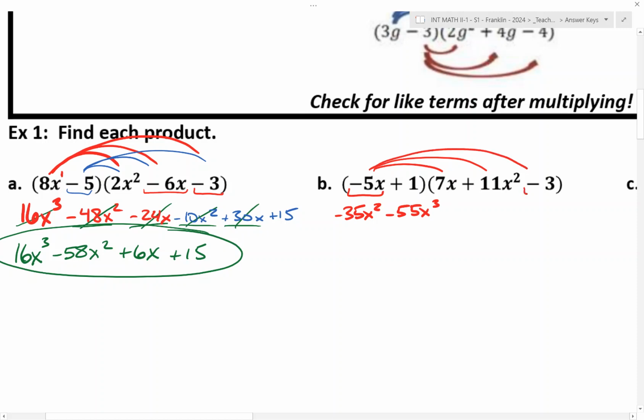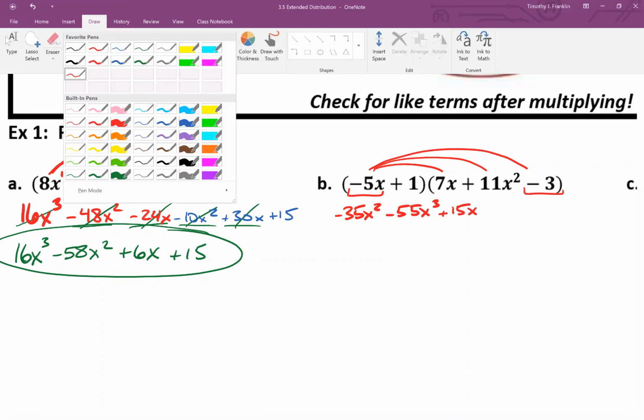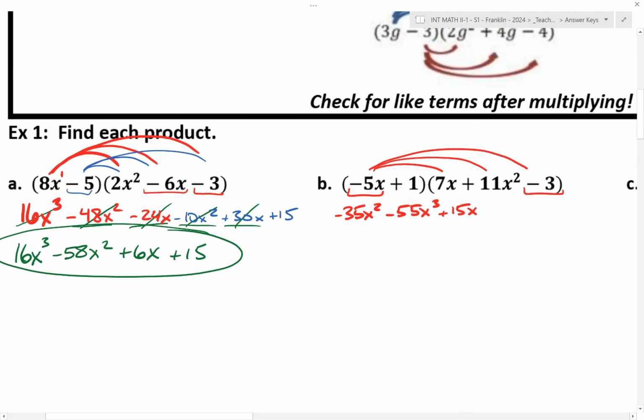Negative 5x times negative 3 is positive 15x. All right, next term, it's a 1, so that's kind of nice. These all stay the same. So plus 7x plus 11x squared and minus 3. 1 doesn't change anything.